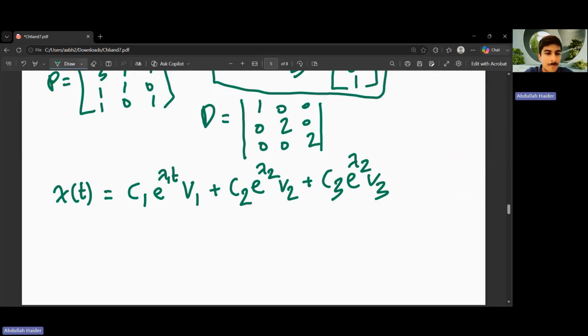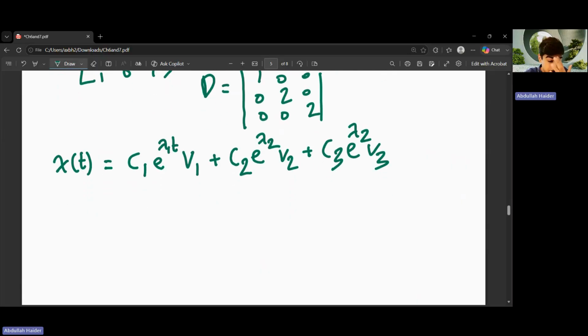So basically, you need to memorize this formula. C1, C2, C3 are your constants.